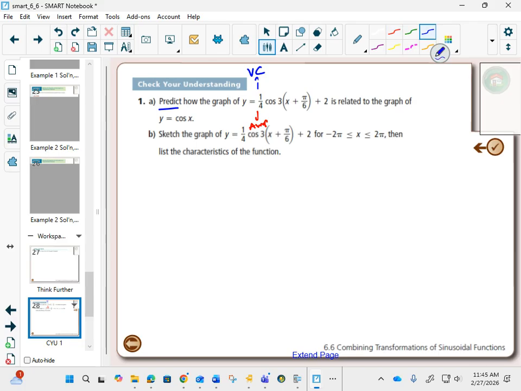Same thing for this next one. Inside is going to be horizontal. It's going to be a horizontal compression because x's are liars. You multiply by 1/3. You could also in this unit describe this one as the period is equal to 2 pi over 3.